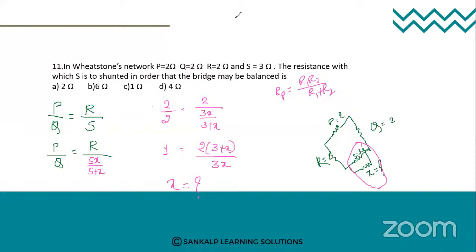Yes, other students. One student gave the answer. Yes, correct. 6 ohm. Yes, Rx is equal to 6 ohm. Is the question clear to everyone? Anybody want me to explain once again? You can tell.